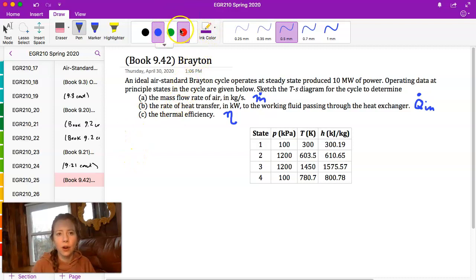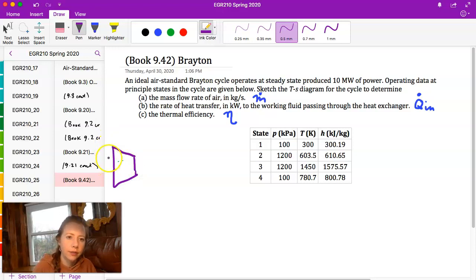So we have our compressor, and I ran out of room, so I'm going to do it like this. We have W dot C, so this is work going in.